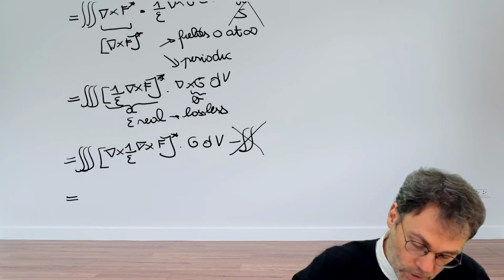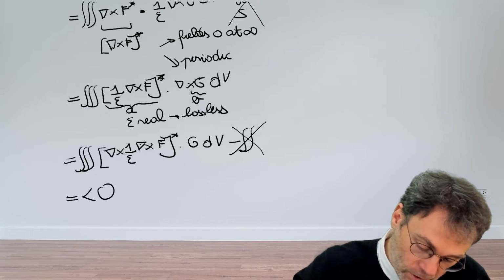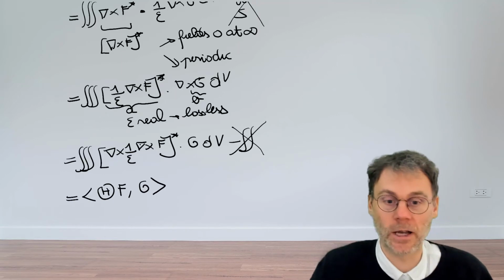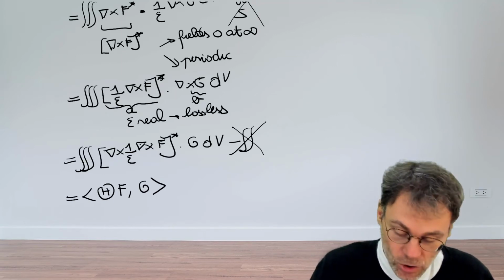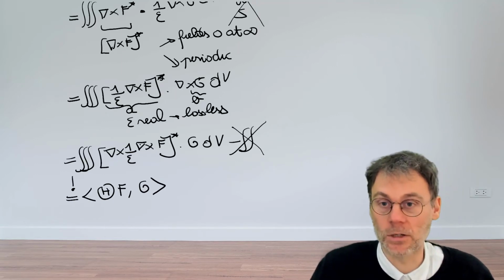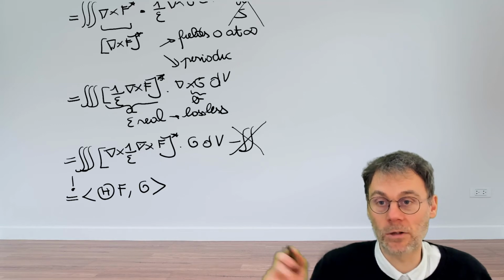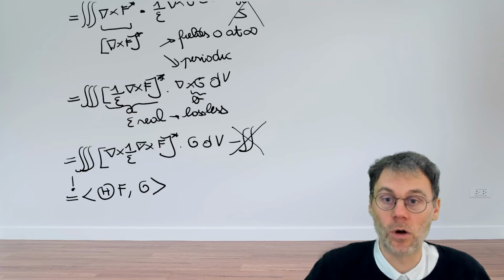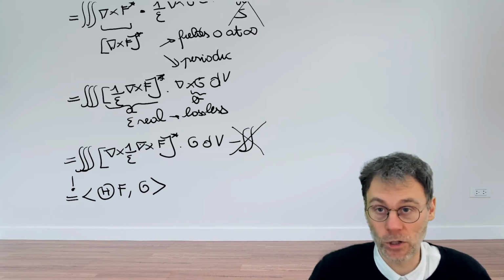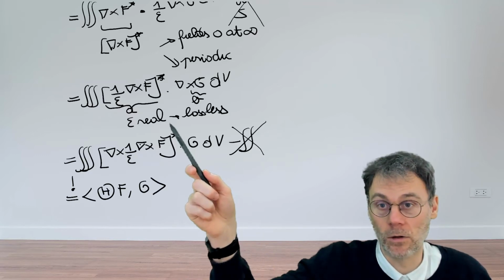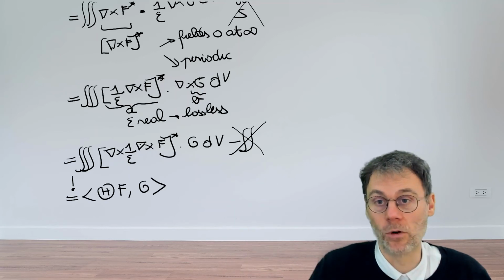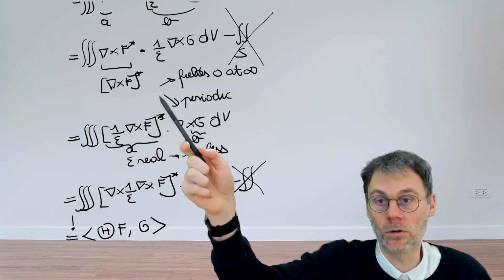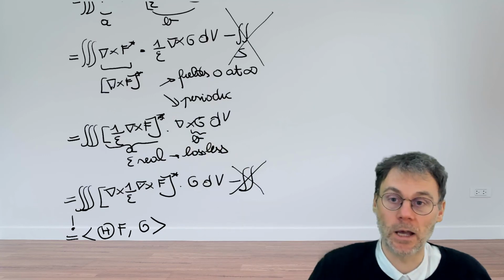Then basically what we have here is the definition of the theta operator first operating on F and not on the second factor. So we have indeed shown that these two are the same, so it doesn't matter whether you have your theta over here or over there. So our theta operator is indeed Hermitian, provided you're working in lossless media and provided you're working in a situation where the surface integral over there is actually 0.